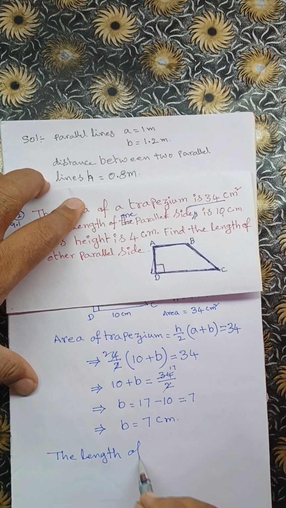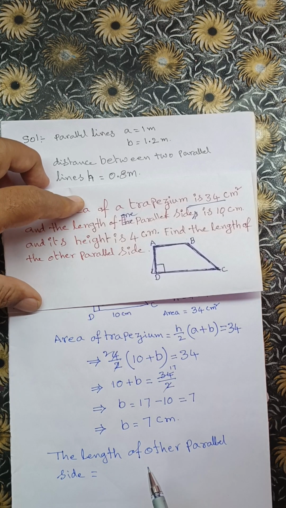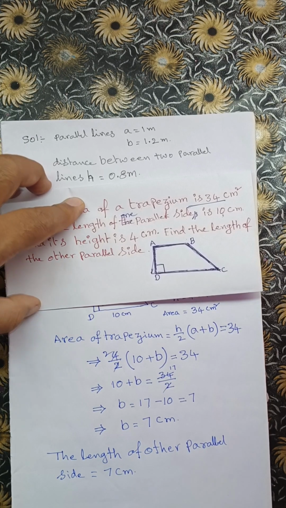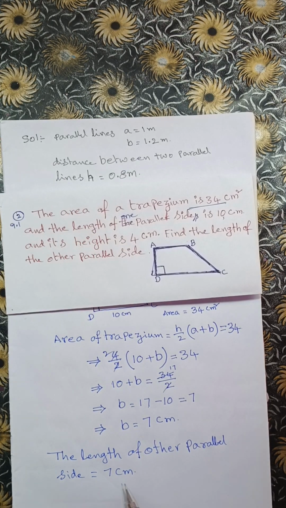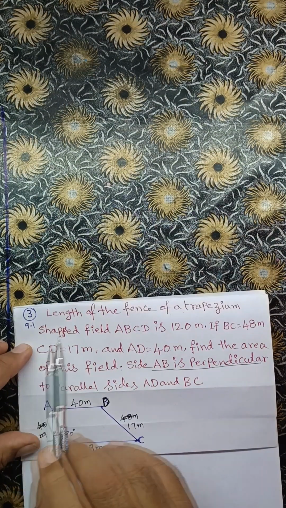The length of other parallel side is equal to 7 centimeters. This is the answer. Next, come to third question in this exercise.